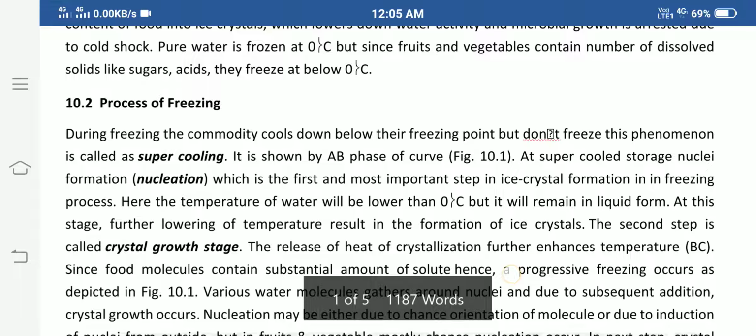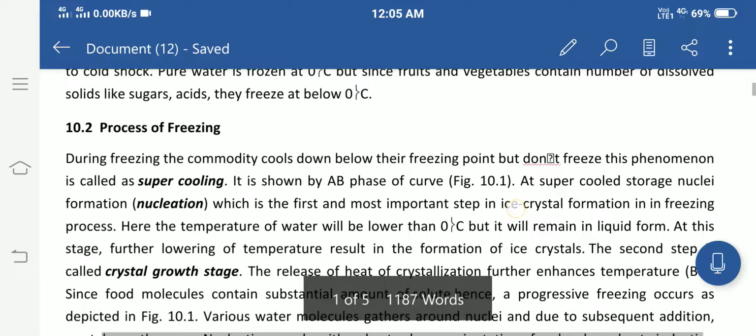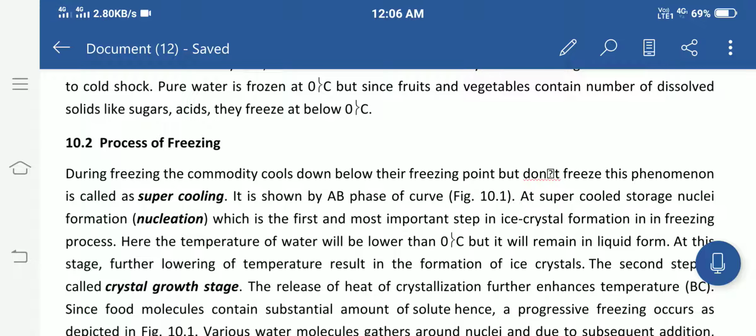Because when only water is freezing, there are only water molecules which interact with each other and make hydrogen bonds with each other and they easily freeze.